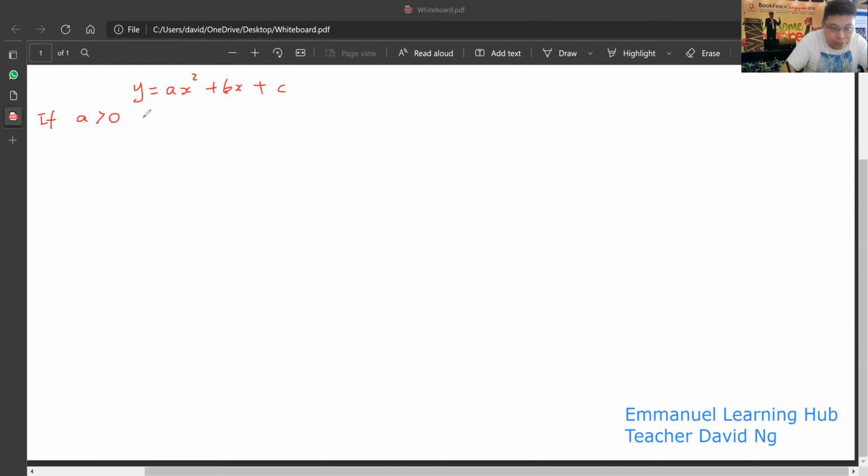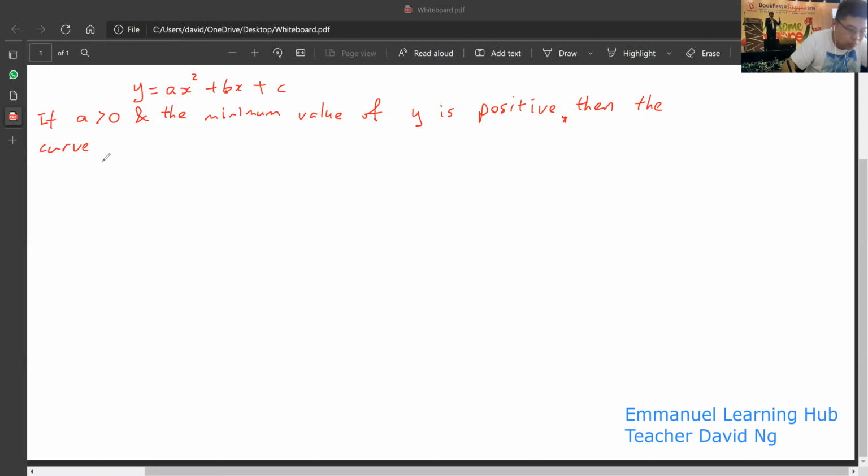If a is greater than 0, and the minimum value... Okay, understand this statement?